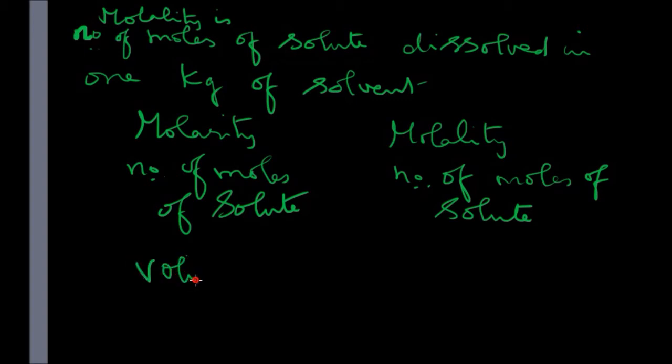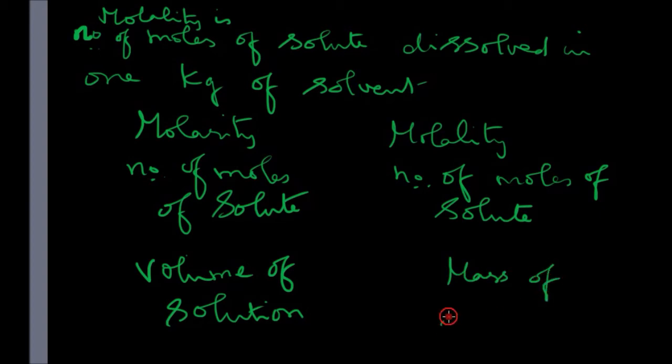So, there we consider volume of solution. Molality definition is number of moles of solute dissolved in 1 kilogram of solvent. So, here it is mass of solvent. So, regarding the solute, both are same, but regarding the solvent, molarity considers the volume of solution, not solvent, and here it is mass of solvent. So, you have to be very clear about it.